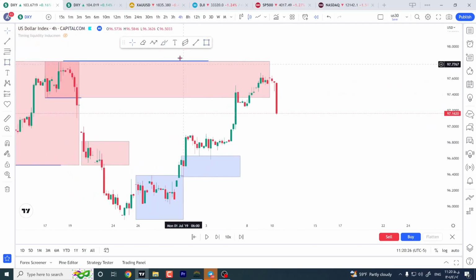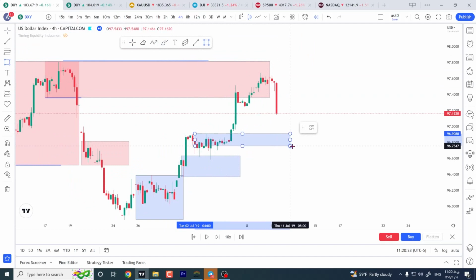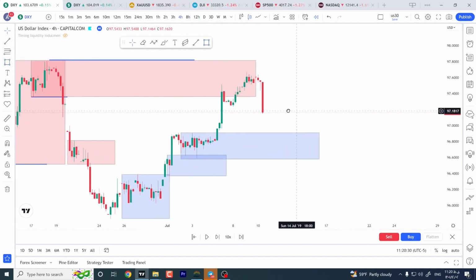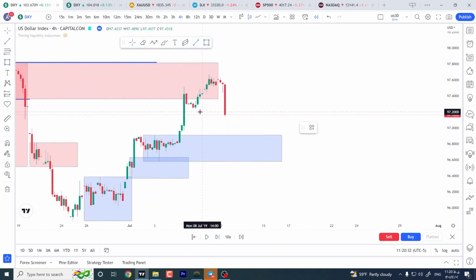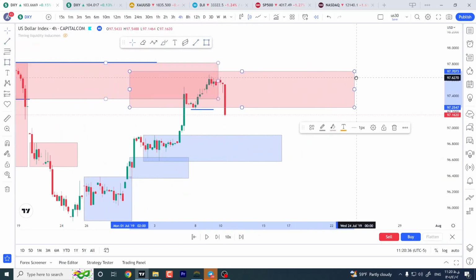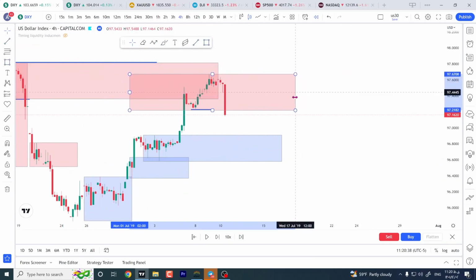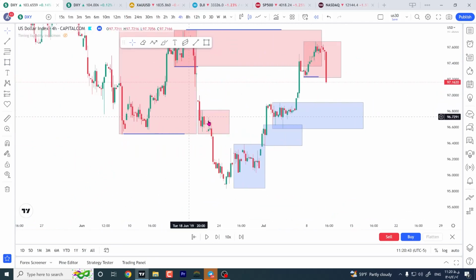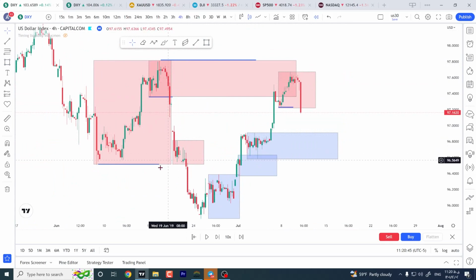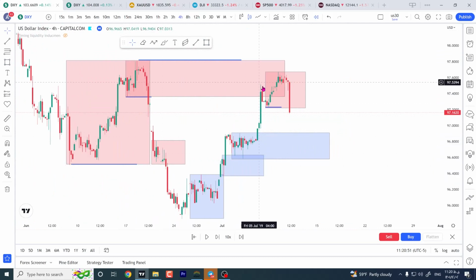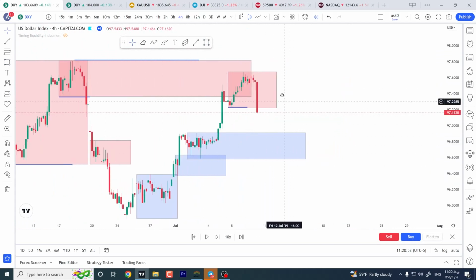You can see that we have another unmitigated demand box here and some kind of supply box here, and you should pay attention to this concept that it is our primary supply box. So anything here is a pullback.